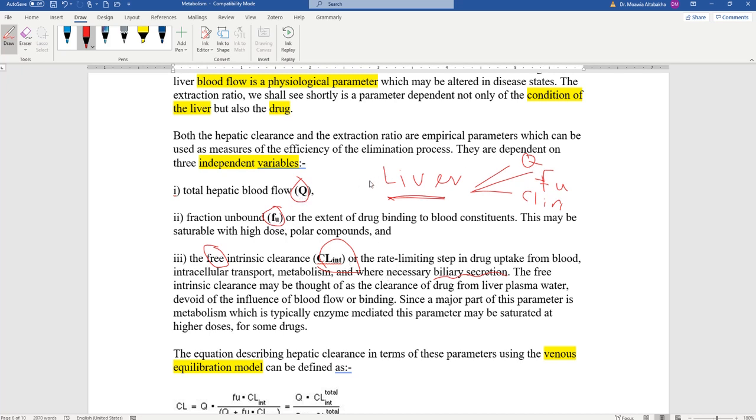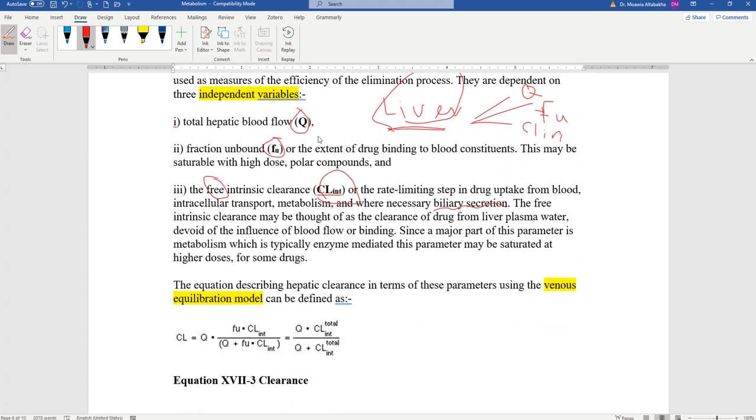Okay, so liver clearance was found to be influenced by these three factors, and through these three factors we have the venous equilibration model equation. Of course the hepatic clearance can be written as Q, which is the blood flow, multiplied by a ratio. You can think of it as the extraction ratio.